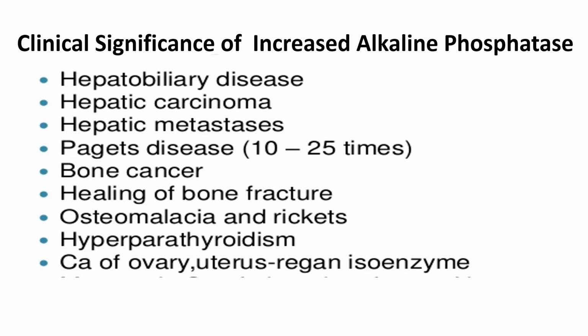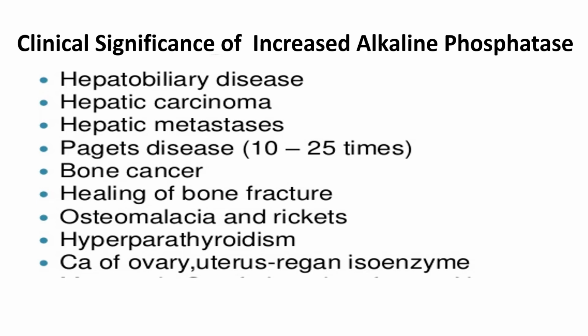If the level of gamma GT is increased along with the increase in alkaline phosphatase, then it is clear that the patient is suffering from either obstructive jaundice, liver cancers, or secondaries in the liver. But if gamma GT is normal and only alkaline phosphatase is increased, then we will suspect bony disorders like Paget disease, bone cancer, or that healing of a bone fracture is taking place.